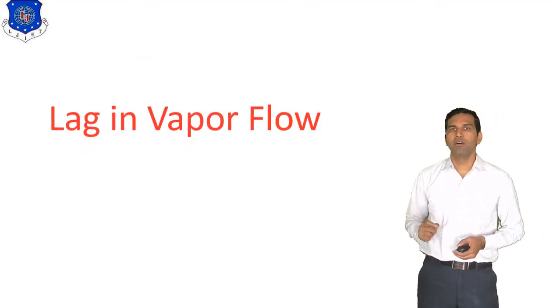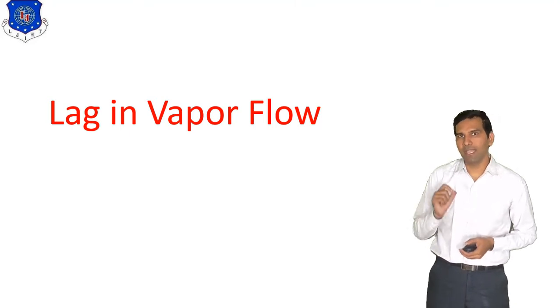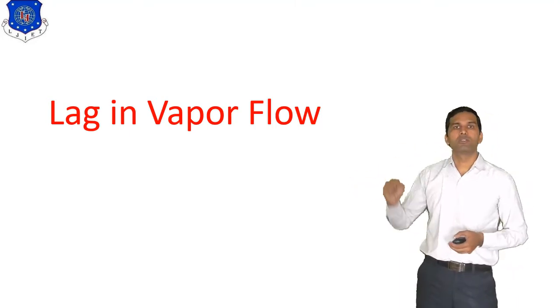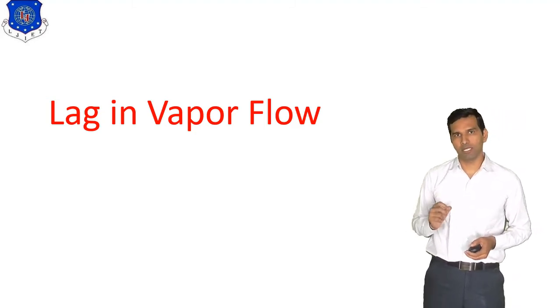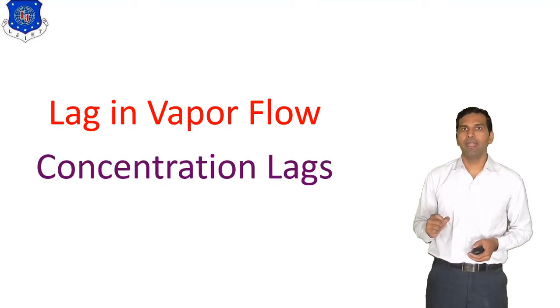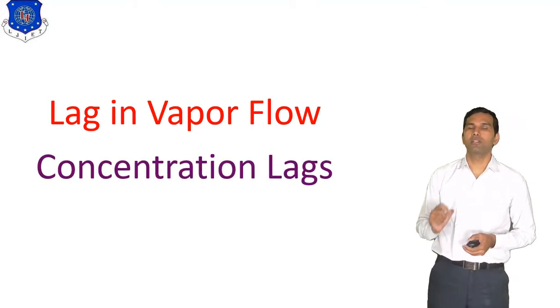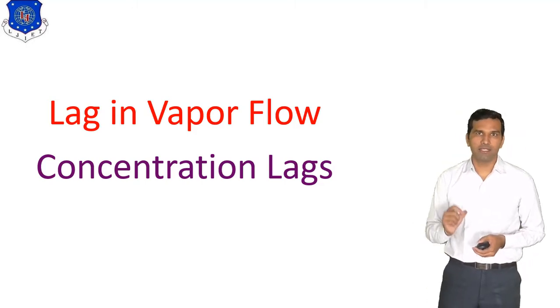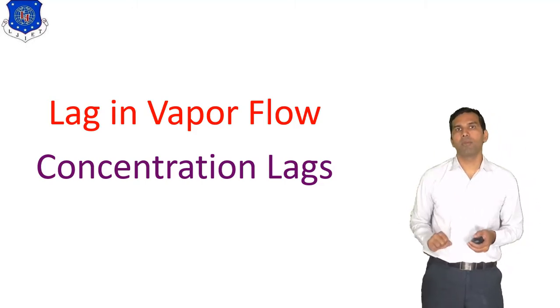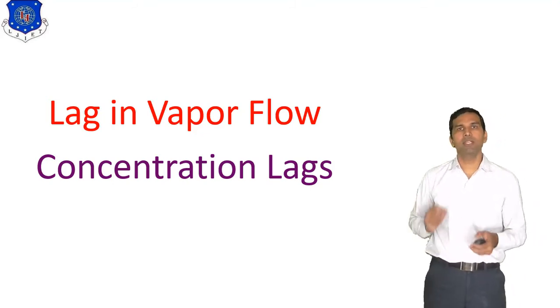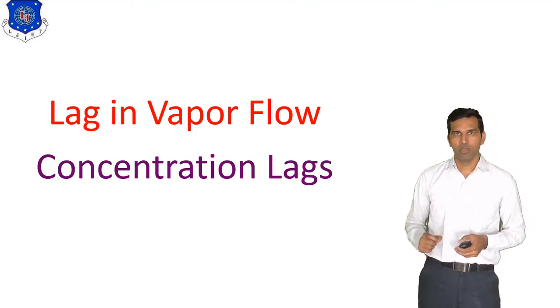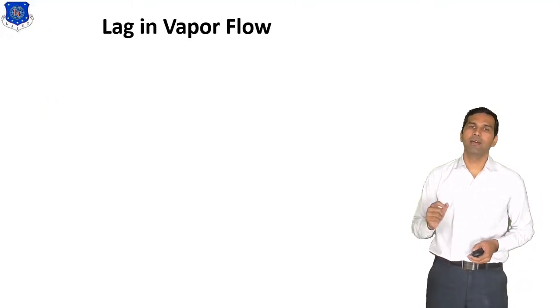Now, in this lecture, we discuss another two types of lag. The first one is the lag in vapor flow, and then we discuss the concentration lag. So first we start with the lag in the vapor flow.